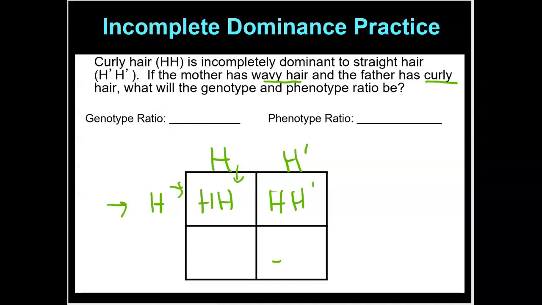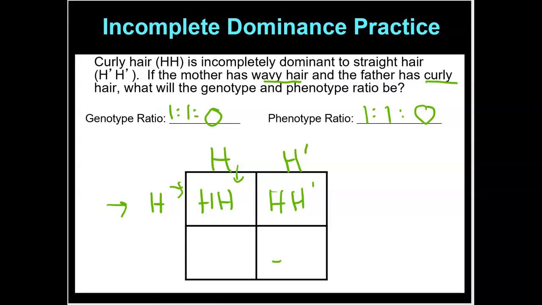So here, my genotype ratio is 1 to 1 to 0. And my phenotype ratio is also 1 to 1 to 0. Again, see that my genotype ratio and my phenotype ratio are the same. I have one that is homozygous, capital H, curly. I have one that is heterozygous, and I don't have any homozygous straight. So that is how I get my genotype and phenotype ratio.